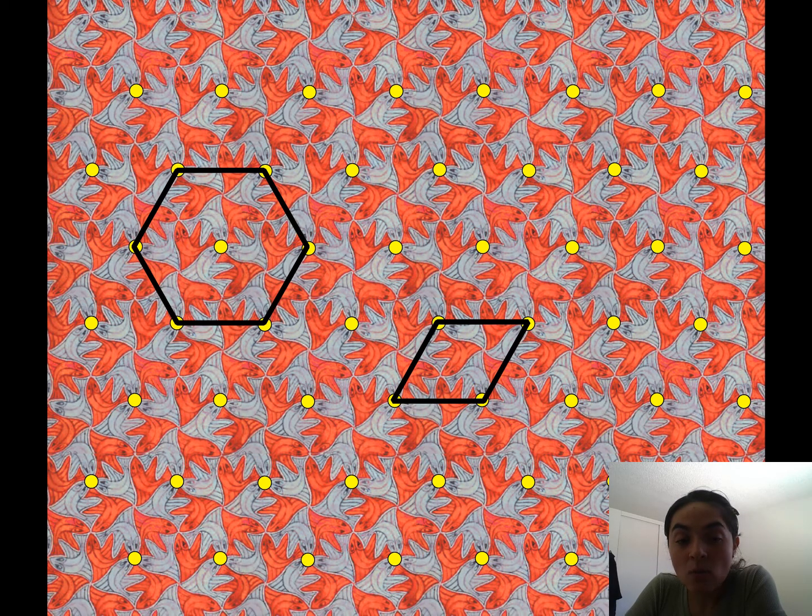This is the smallest arrangement of these elements that can be repeated and can tell us the entire story about the symmetry of the pattern. If we have a hexagon, we know that we have a 6-fold rotational symmetry, that if we were to rotate this image by 60 degrees, we would get the same image.